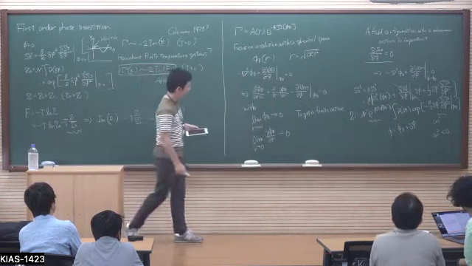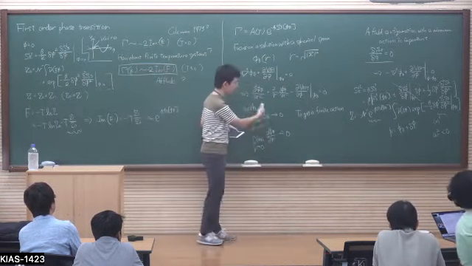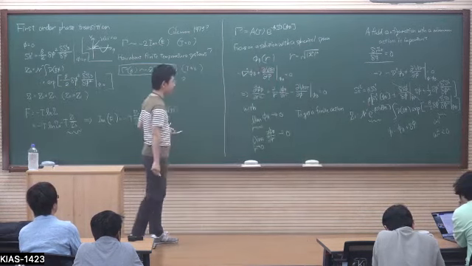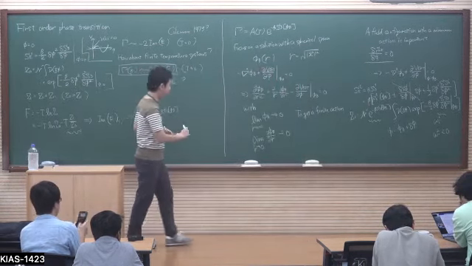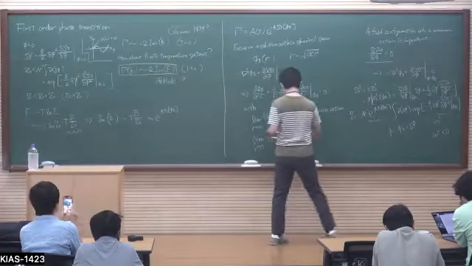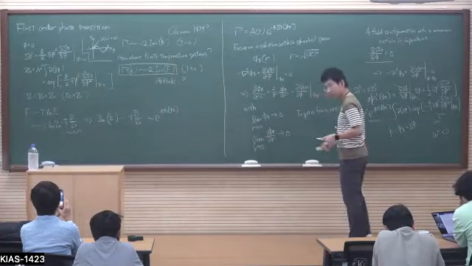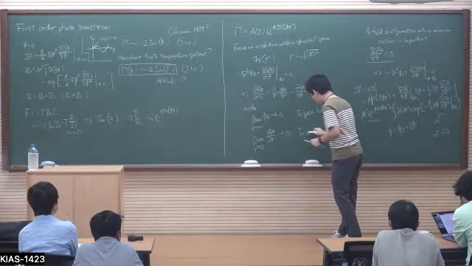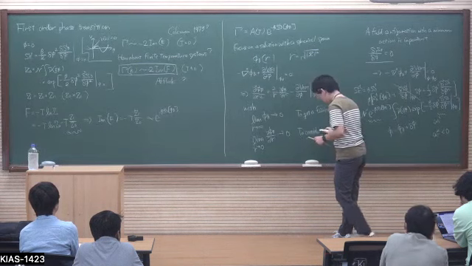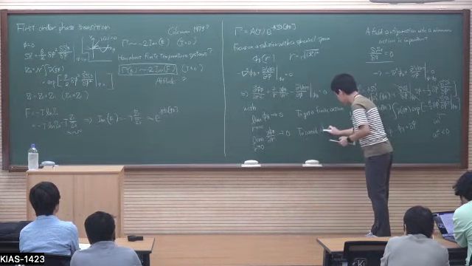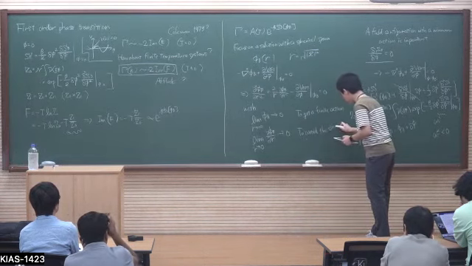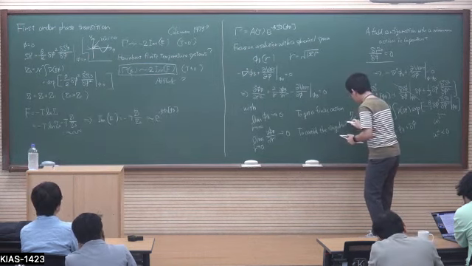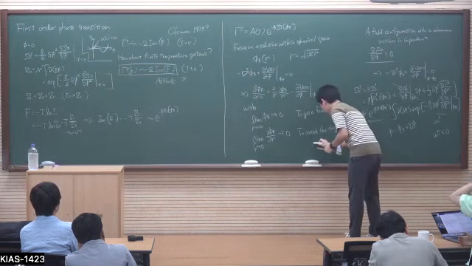By assuming this boundary condition, you can make the action finite. And the second boundary condition is required to avoid the singularity at the origin.